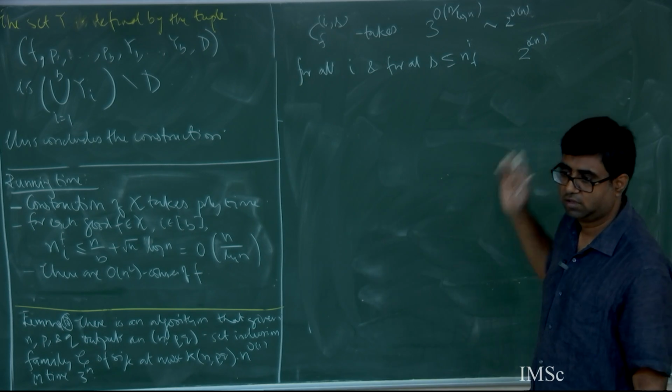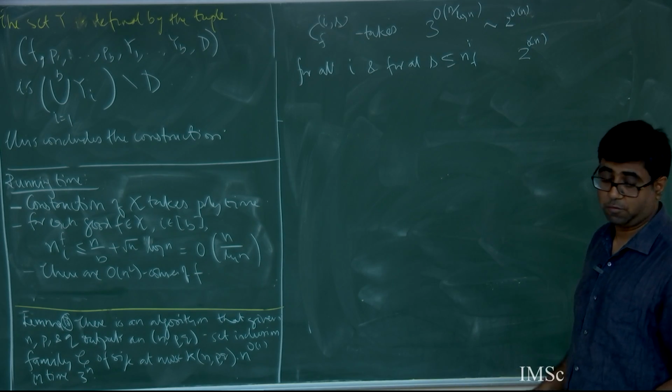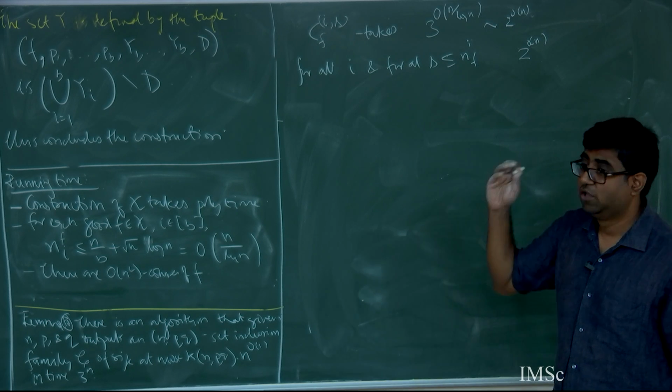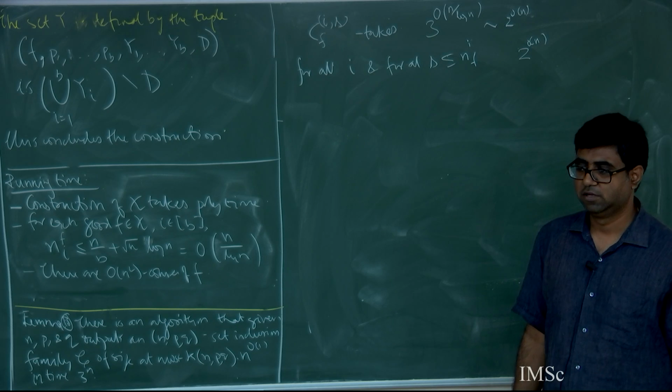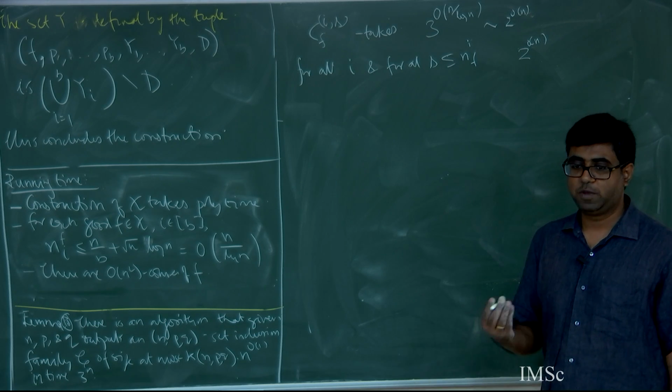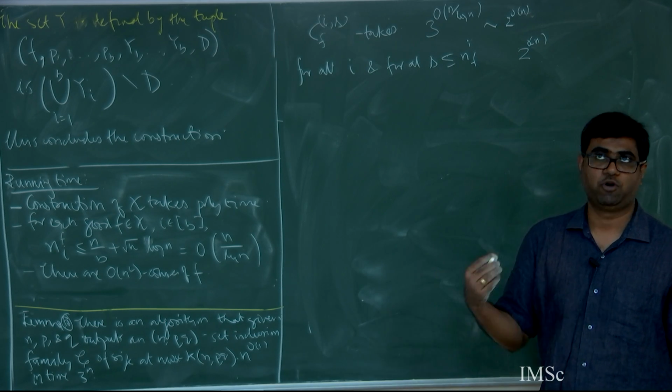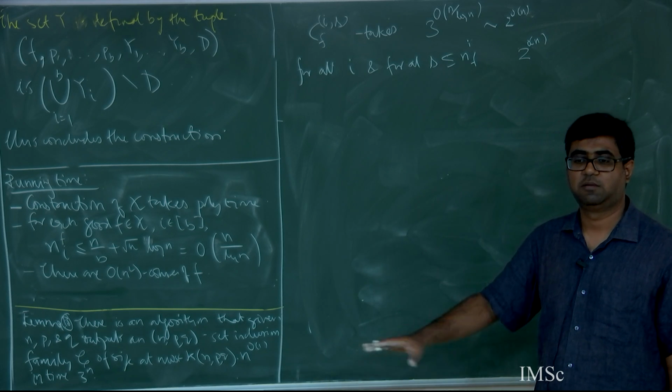So I can construct all this in sub-exponential time. That is why I do not care. If I'm hoping for an exponential algorithm of 1.something to the power n, I do not care about the lower order terms.